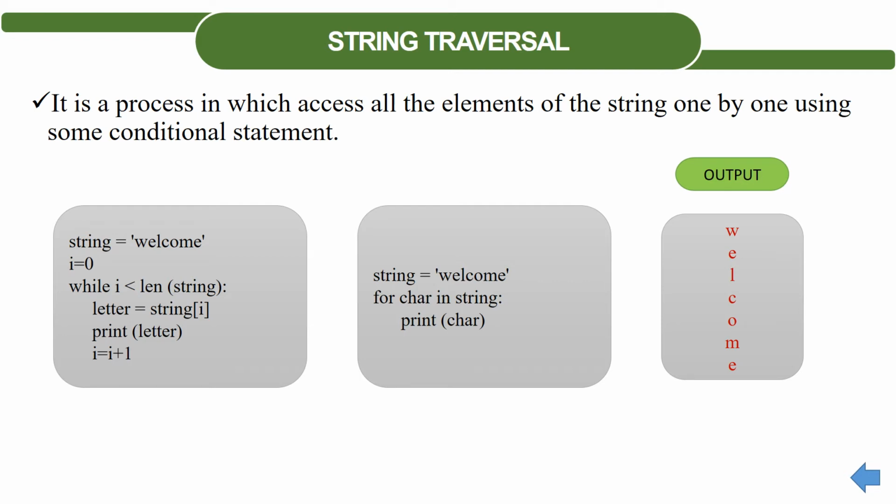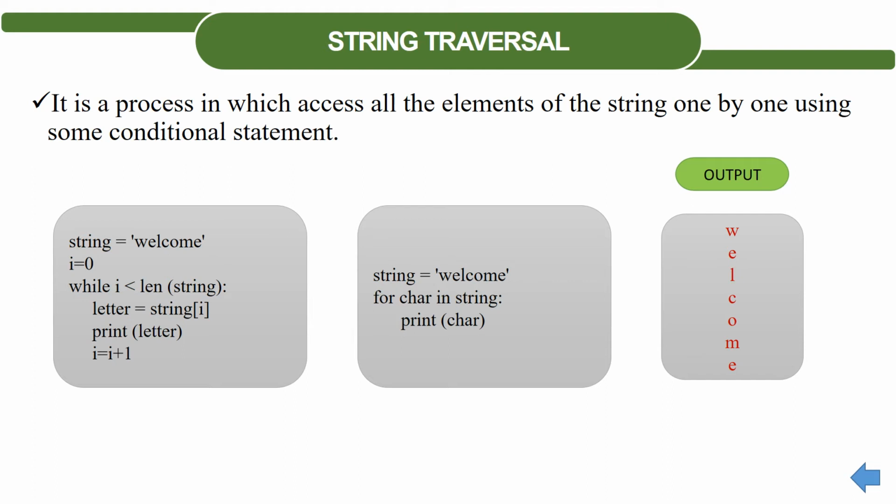In the given example, I have taken a string variable, then I initialize a variable i equal to 0. Here I have begun with a while loop. In that while loop I have given the condition i less than the length of the string. Up to the length of this string, the loop will execute.